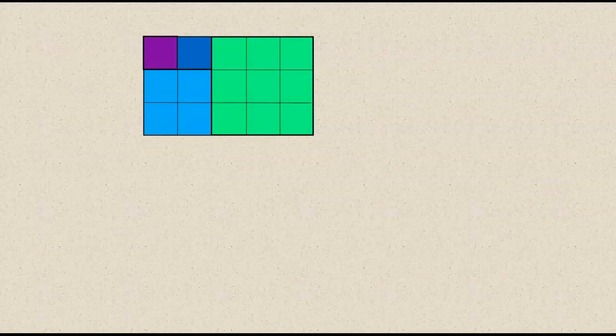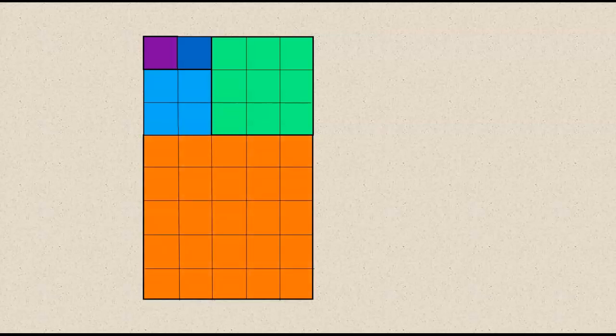Here's the same configuration, only smaller. Let's add some more blocks to it and see what we have. We have 5 on the x-axis. So how many are on the y? There's 8. So we have a 5x8 rectangle here.